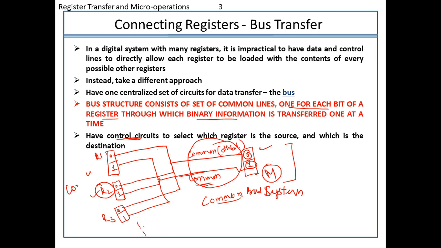So there would be some control functions or control signals or control circuits handling this operation. Only R2 will be allowed to transfer its data on this common bus line, and R1 and R2 would not be able to do so. We will learn the architecture or constructing mechanism for that in the next slide.